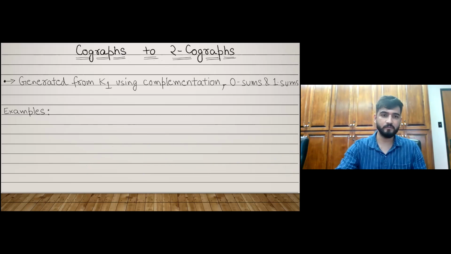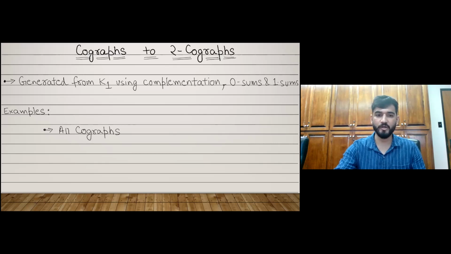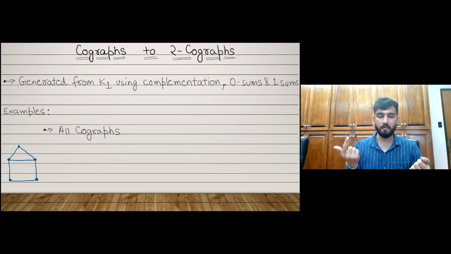Again, examples. What are examples of two-cographs? Well, of course, cographs, because you're adding one more operation to it. Let's see if this graph is a two-cograph. So what we allowed is zero sum, one sum, and complementation. And we start with the single vertex graph.